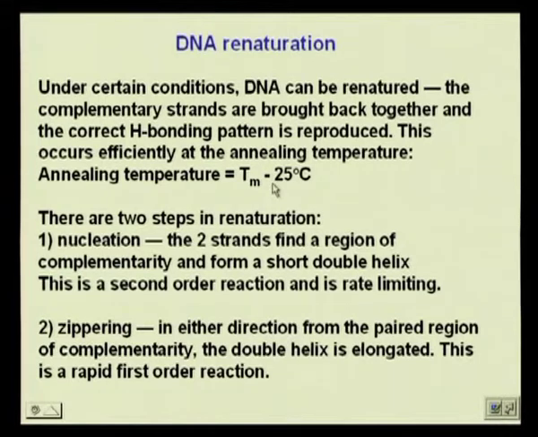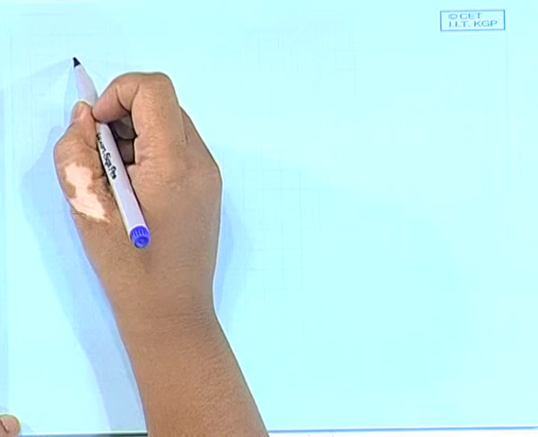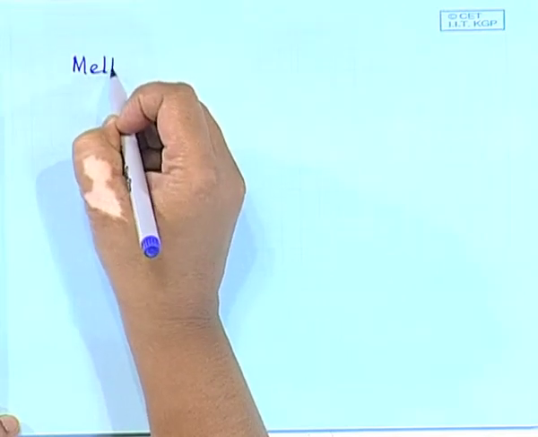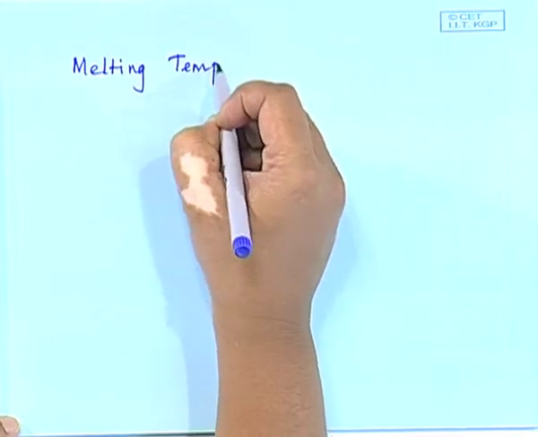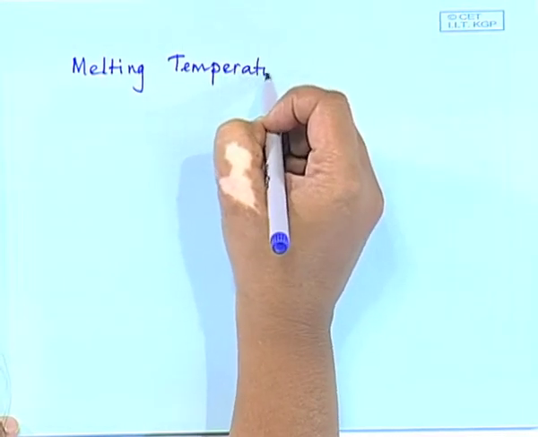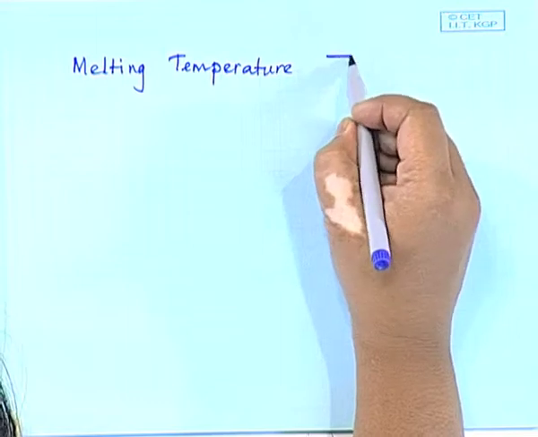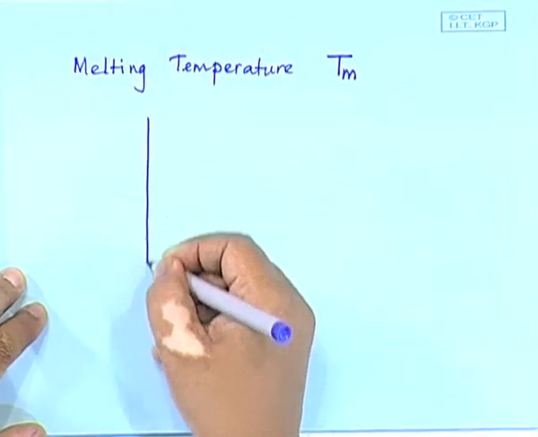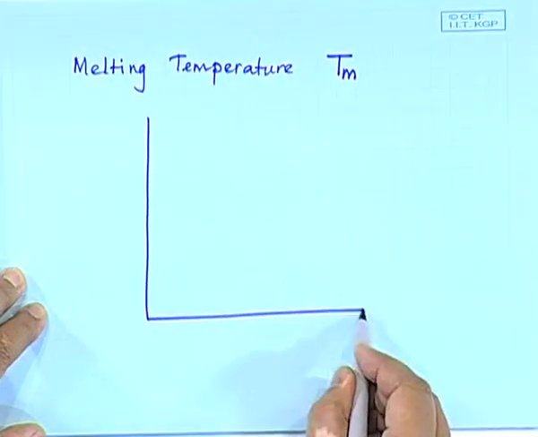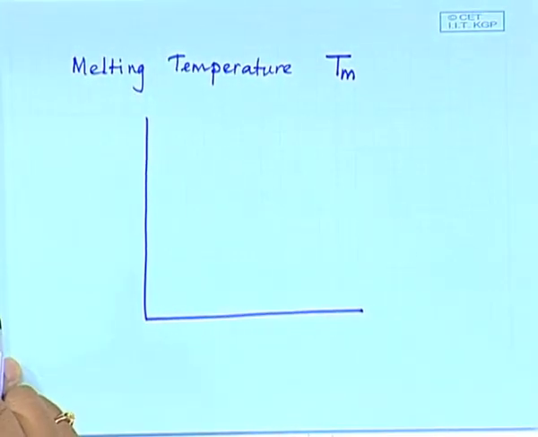Now, what the Tm is, it is called the melting temperature of DNA. The melting temperature of DNA is referred to as the Tm. What are we monitoring here? We are monitoring the melting of DNA.